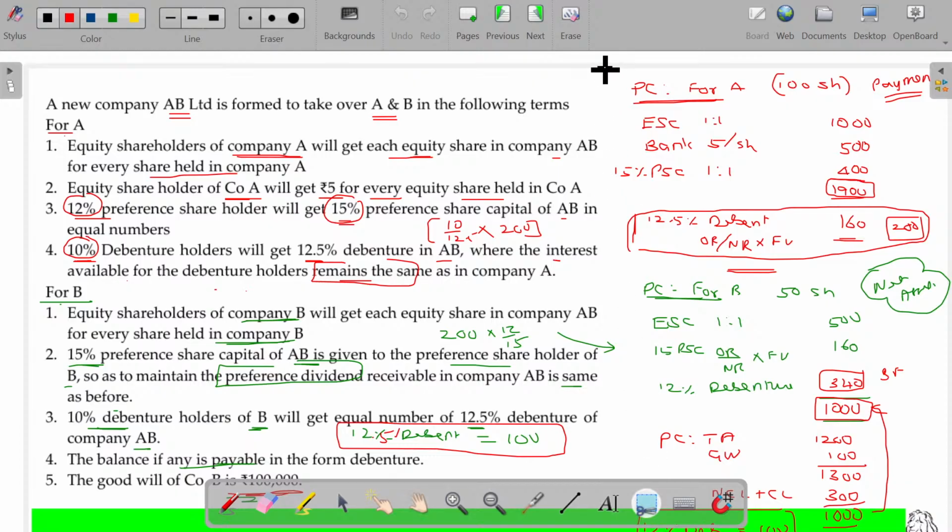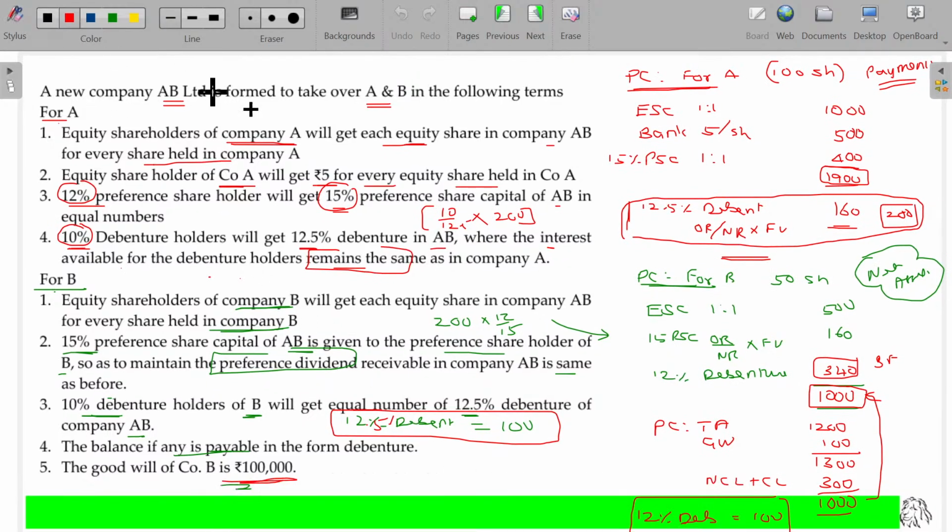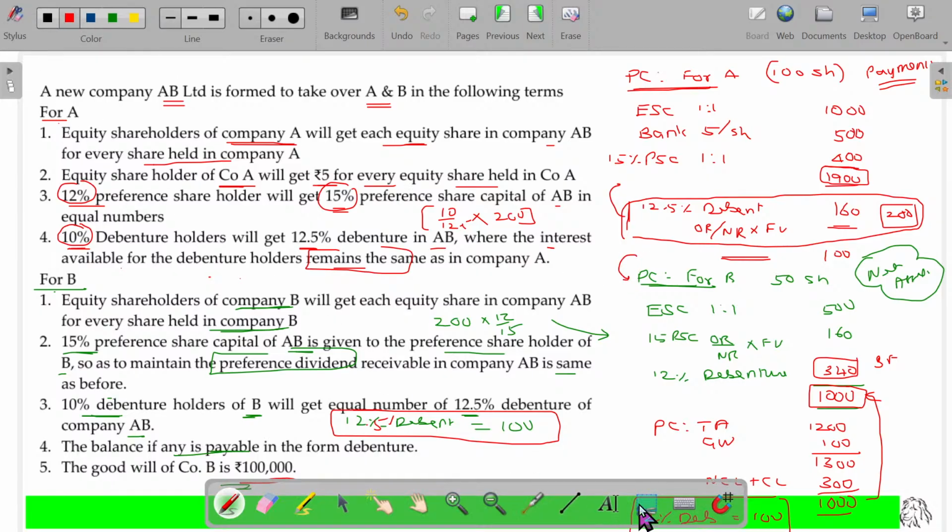Then we need to incorporate these details. Here is another 12.5% for this company. This is for this company. Another 100 rupees is for this company. I am going to incorporate these details.